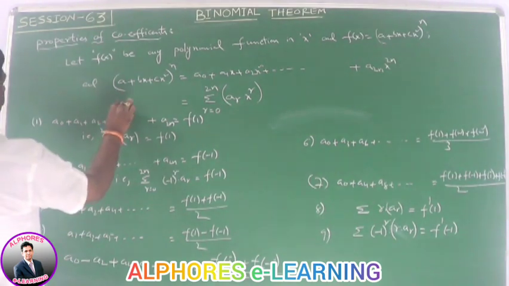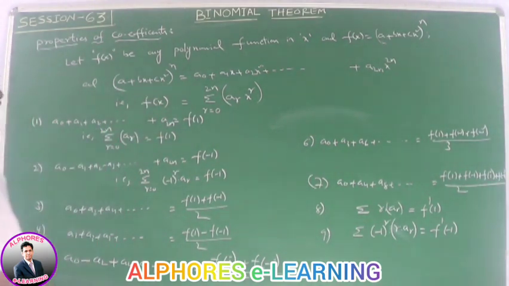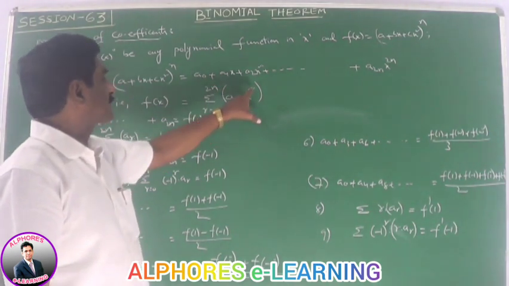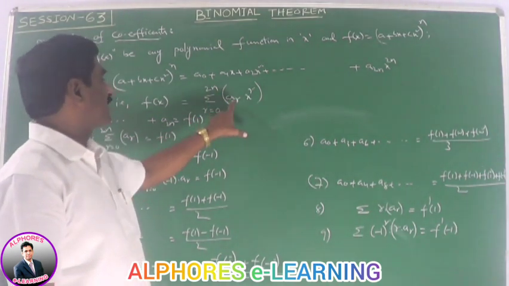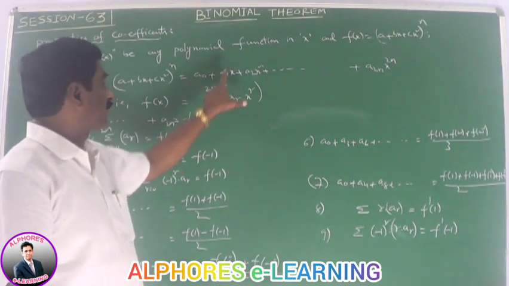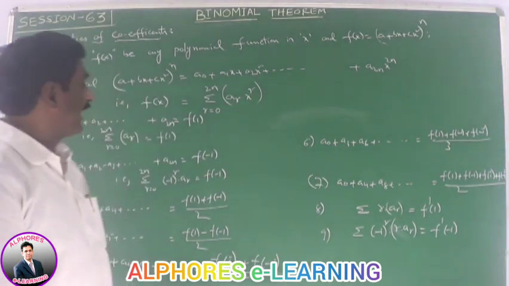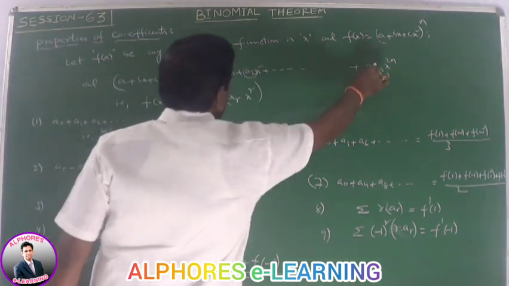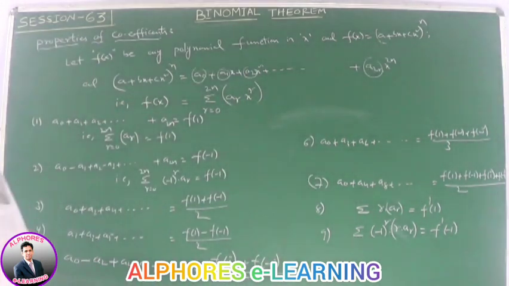That is, f(x) is equal to the sum of r from 0 to 2n of ar into x power r. Please observe this. At r equal to 0, a0 into x power 0 means a0. At r equal to 1, a1 into x power 1, then a2 into x square, and so on. Here a0, a1, a2 are said to be coefficients. Please note this.